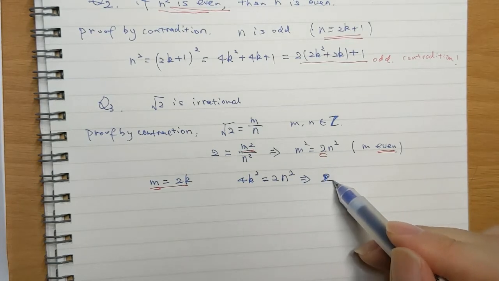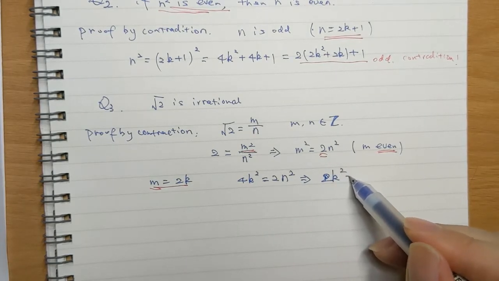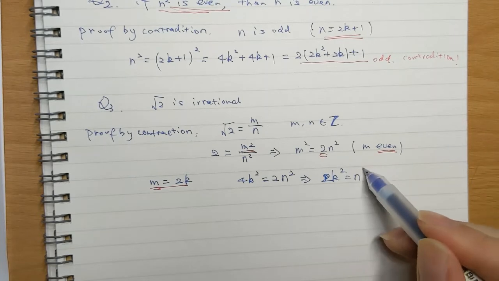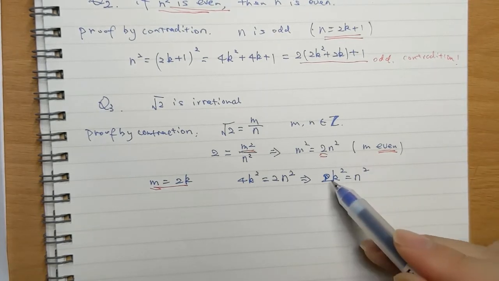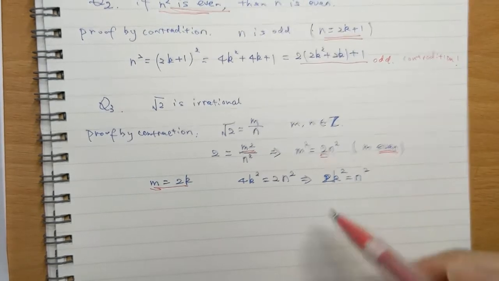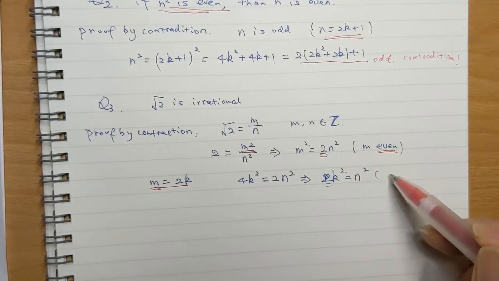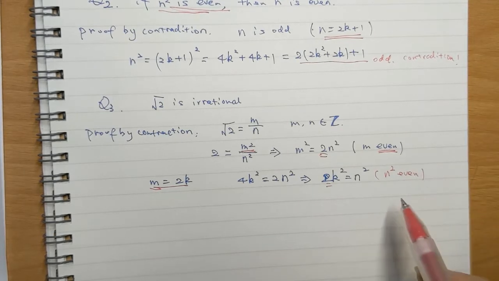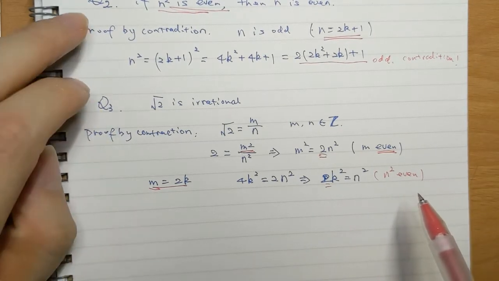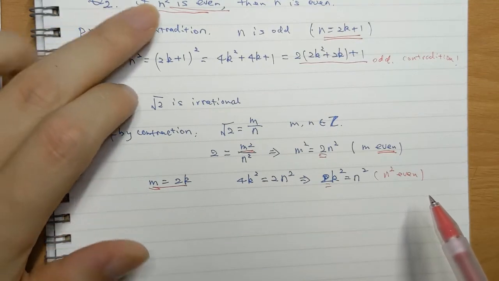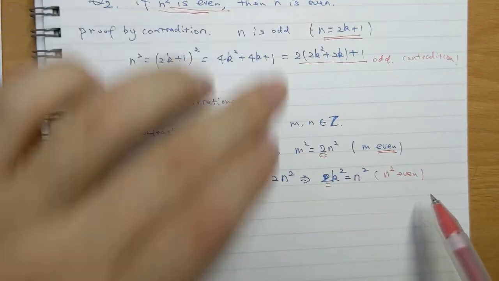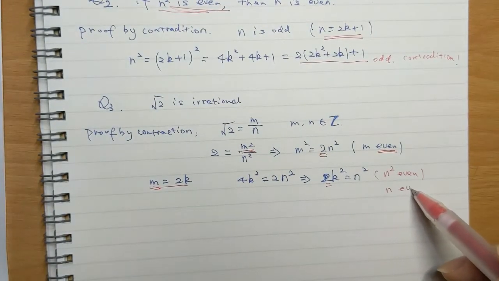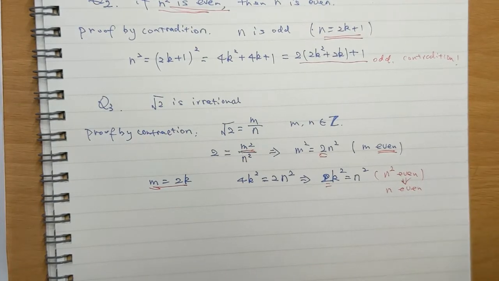We have 2k squared equals n squared. Okay, so we have 2 here, so that means n squared must be even, right? And from question 2, we know that if n squared is even, n is even. This is our conclusion.